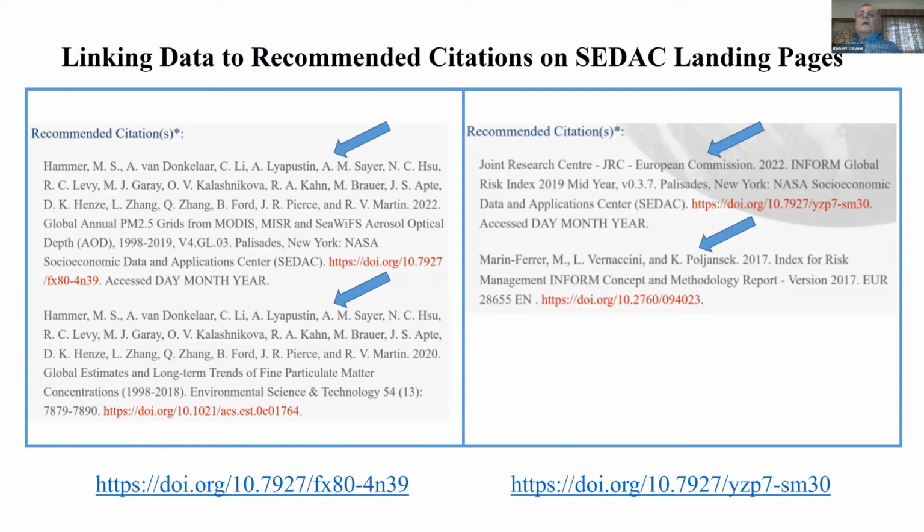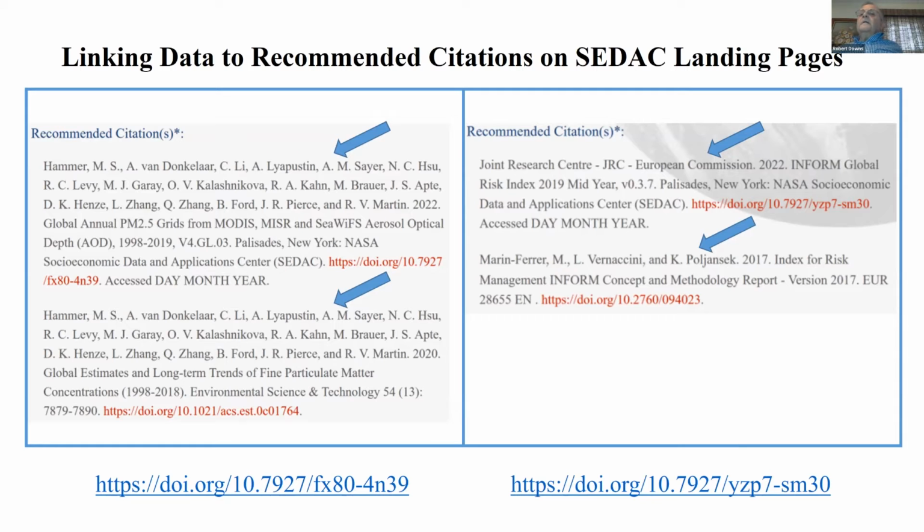So we could look here at a couple of examples from data set landing pages. On the left, you'll see there's a whole long list of authors, and it's the same long list of authors for the data set as well as for the original article.